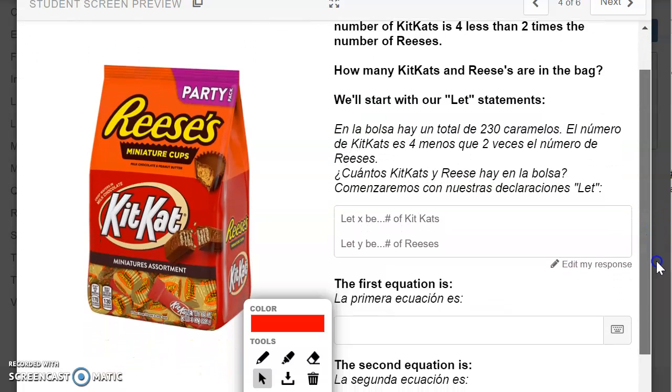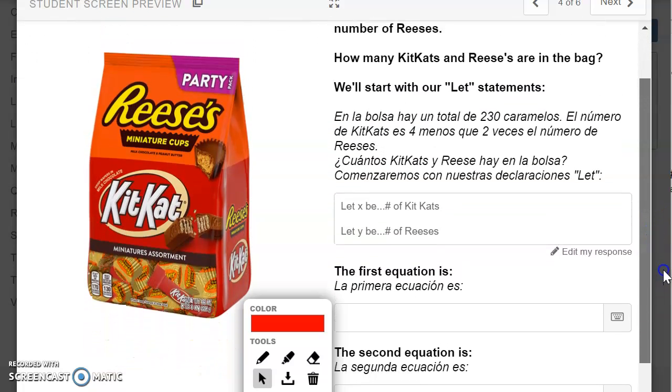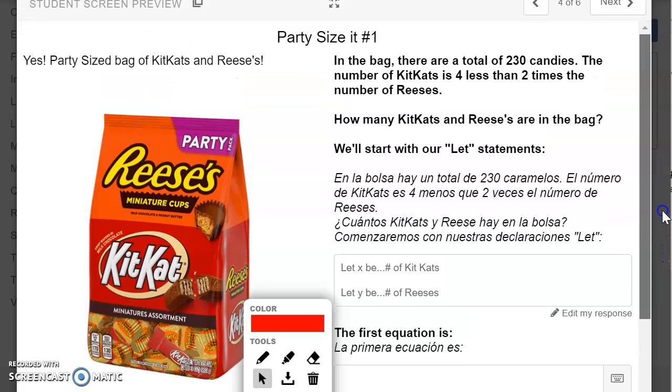Then you are supposed to come up with the equation. So for the equation, we should have two different criteria that we need to fulfill. In the bag, there are a total of 230 candies. If x is the number of Kit Kats and y is the number of Reese's, how can we relate the x and y together from the first sentence?